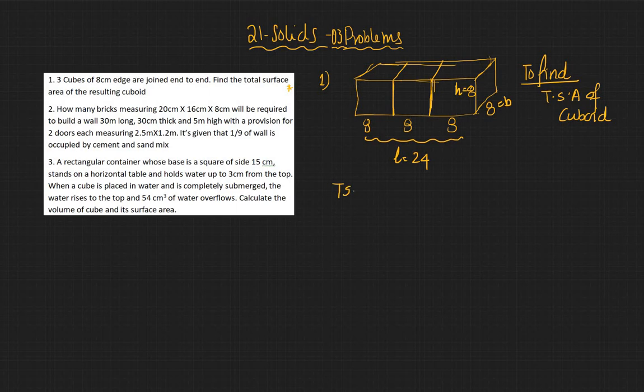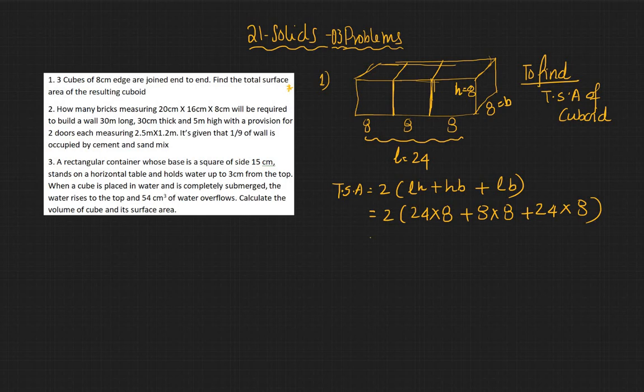So we know that the total surface area would be the area of all the faces, that is 2 times L into H plus H into B plus L into B. That is 2 times 24 into 8 plus 8 into 8 plus 24 into 8.